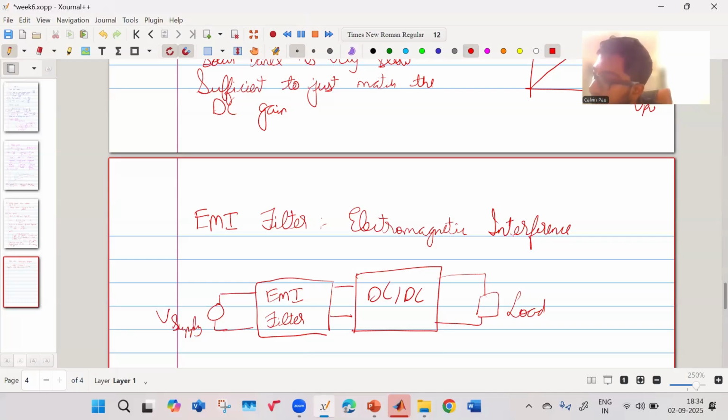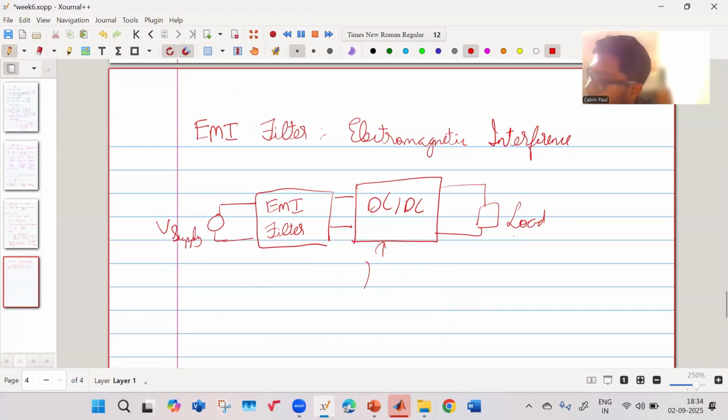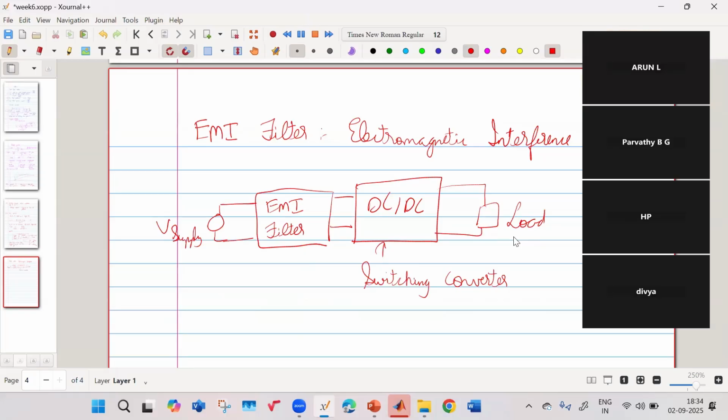So what happens is this DC converter is a switching converter. So the DC-DC converter, is it a linear converter or non-linear? Let us ask Divya, HP, Parvati. Is your DC-DC converter linear or non-linear?